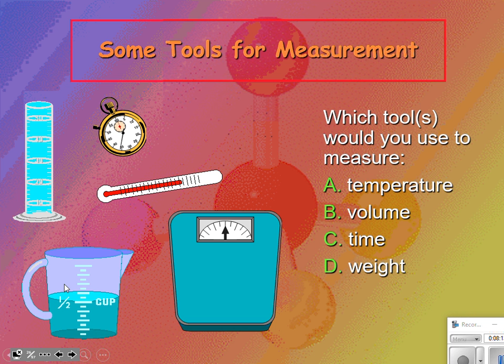Now, one thing I always want to make sure I tell folks: what do you think is better to use when I'm measuring a volume? Is it better to use this beaker, or would it be better to use the graduated cylinder? What do you suppose is going to be more accurate? Absolutely, the graduated cylinder is more accurate.